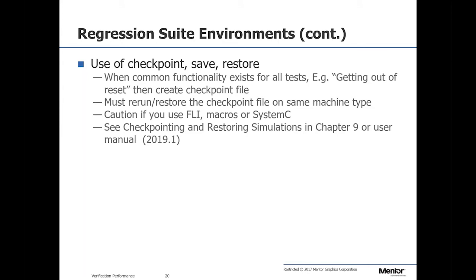So instead of running 10 tests that each took 45 minutes because 30 minutes of it was link training, that's 450 minutes. Whereas if I did it the other way, I'd do one 30-minute link train and then 10 tests of 15 minutes each. That's 180 minutes versus 450 minutes. So checkpoint and restore can be used if you have that scenario where there's a common setup that takes a significant fraction of each of your tests.